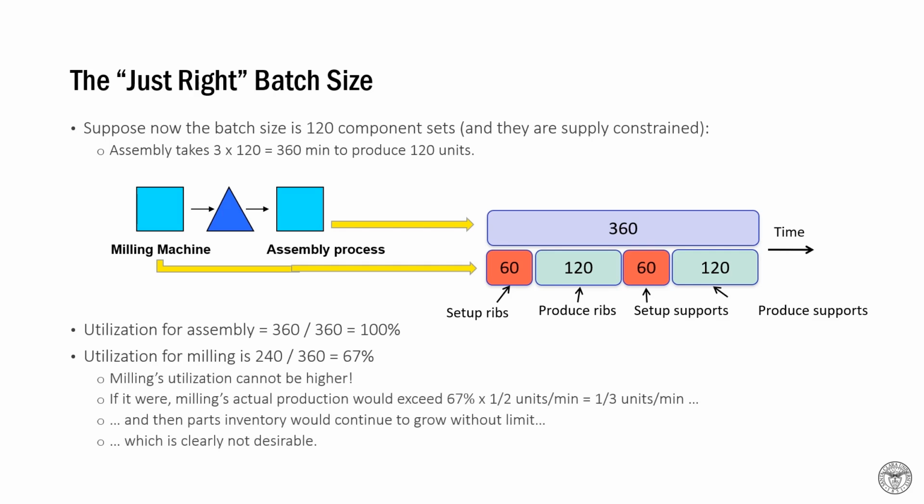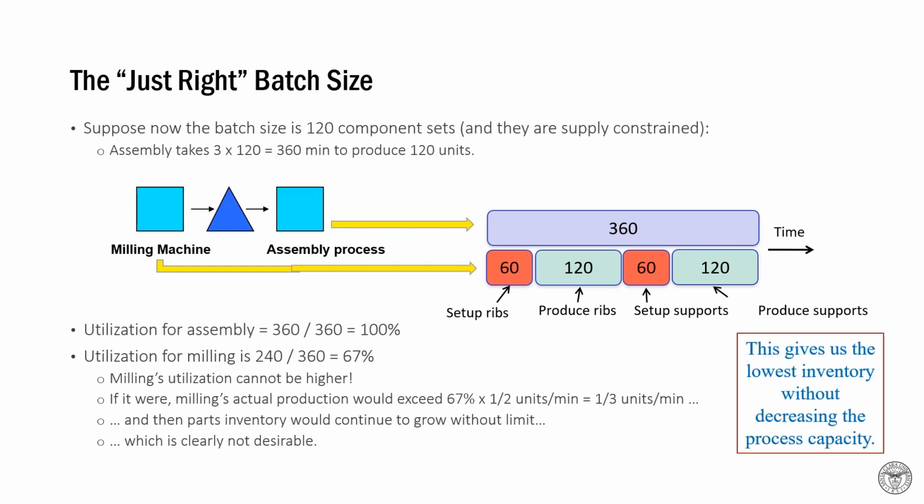Notably, milling's utilization cannot be higher in this scenario. If it were, milling's actual production would exceed 67% times 1 unit per minute, which equals 2/3 unit per minute. This would lead to a continuous, limitless growth in parts inventory, a situation we clearly want to avoid.